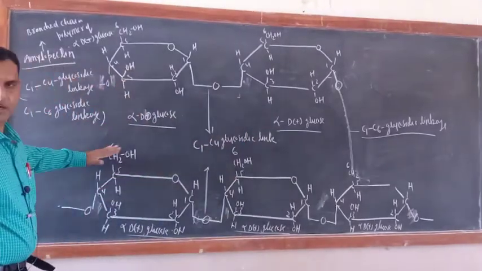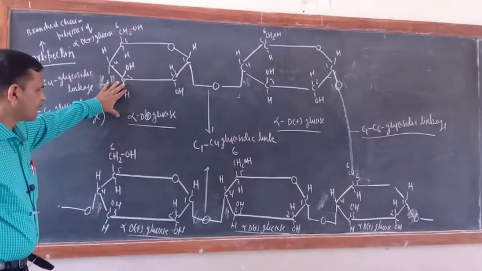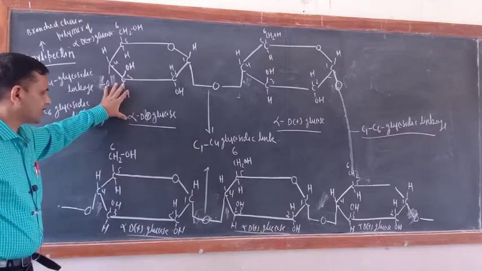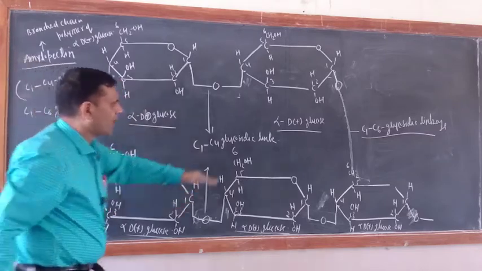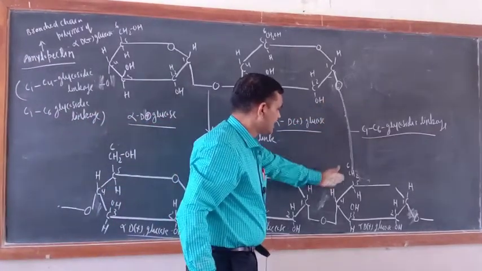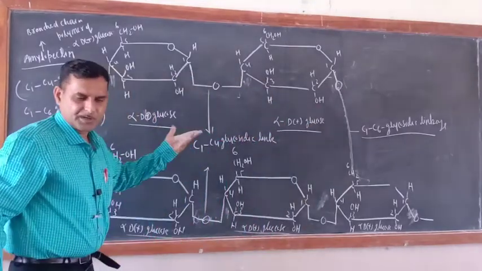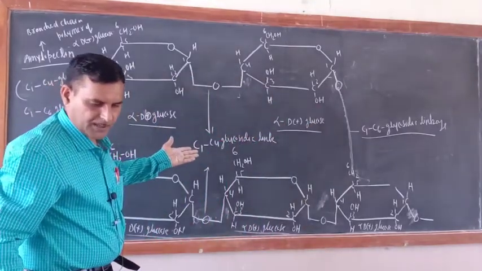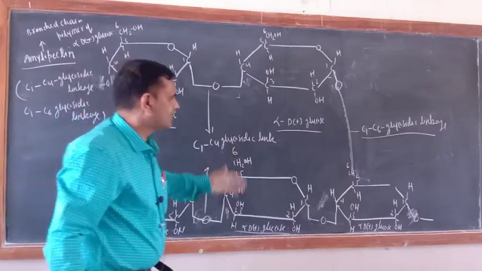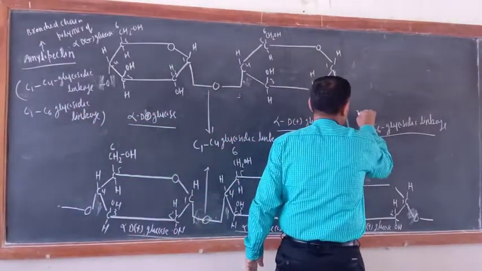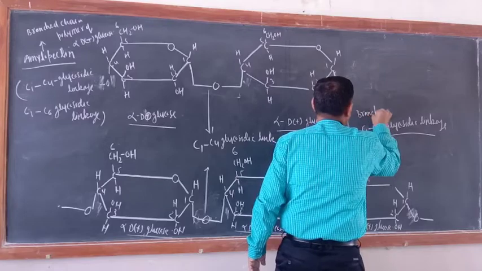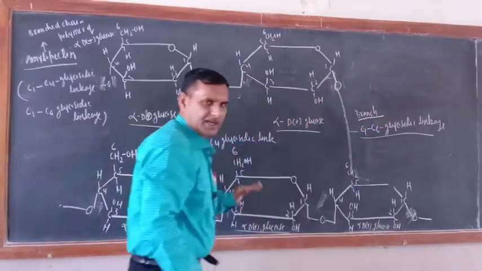Both are added together. This is one branch, this is one chain, this is another chain. Both are joined together by this glycosidic linkage, C1C6. So it is easy, amylose and amylopectin. This is branch. Earlier in amylose, what was there?